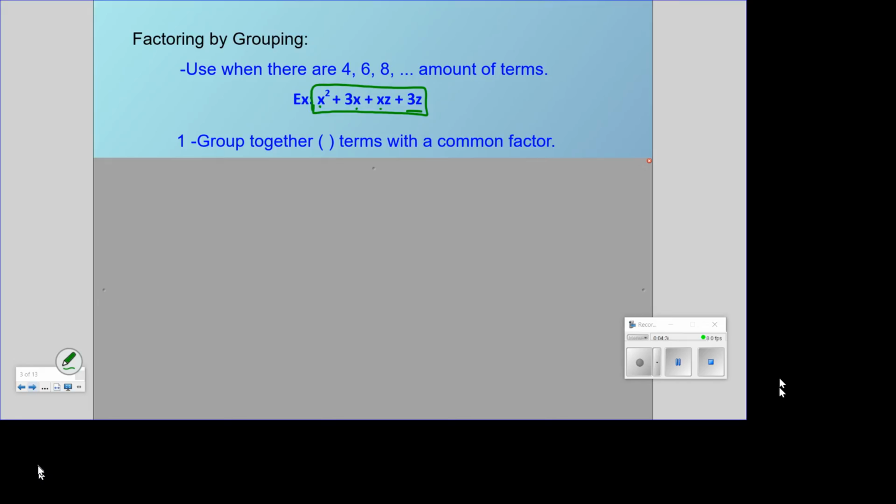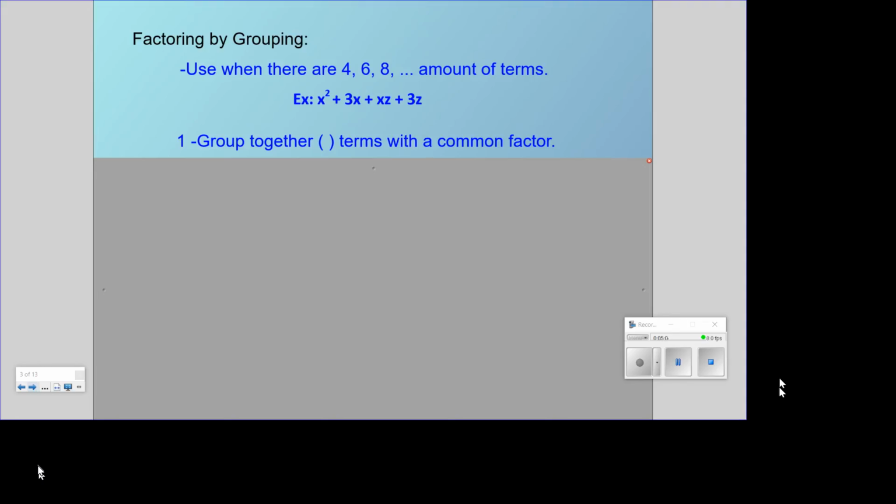But what I hope you'll notice is that the first 2 terms do share a factor. They share at least 1x, and our last 2 terms also share a factor of z. You might also be noticing 2 of the terms both have 3's. This term and that term can match up. So there are factors that are common between chunks of those terms, parts of those terms, but just not all 4.